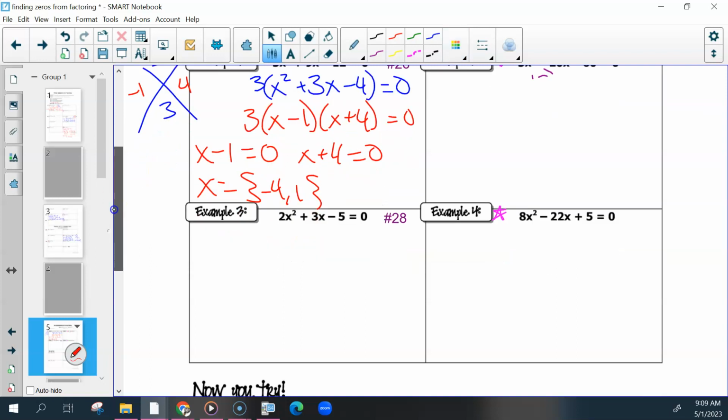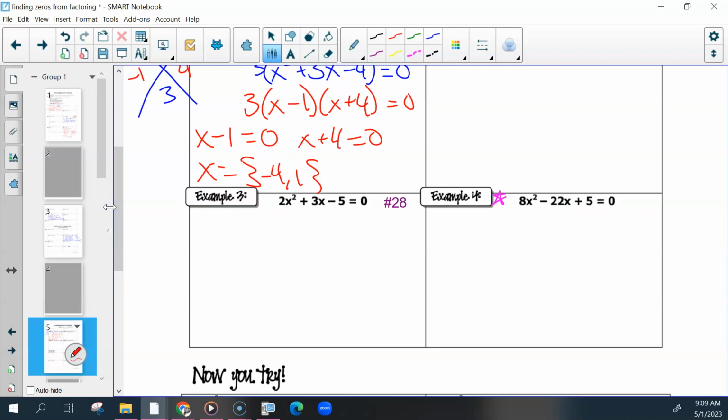If we're doing the same process, does that one have a GCF? So then what would be our next step? So not the entire thing, but just the 2 and the 5 and the negative 5. So we're looking for two numbers that multiply to be negative 10, but add to be 3. What two numbers would work? 5.